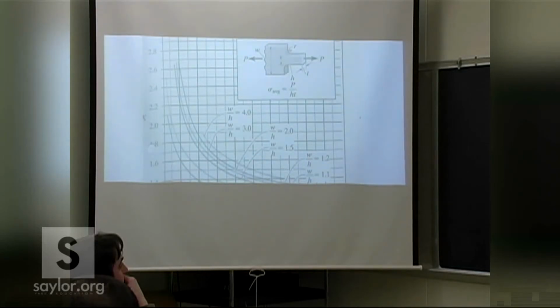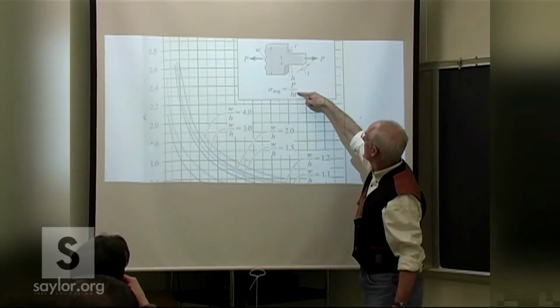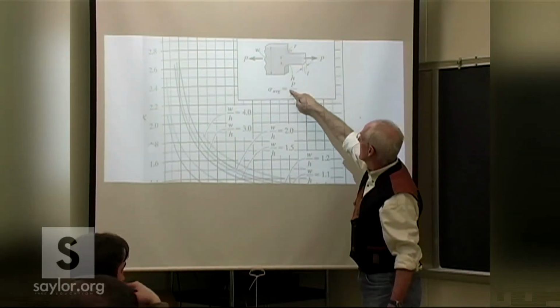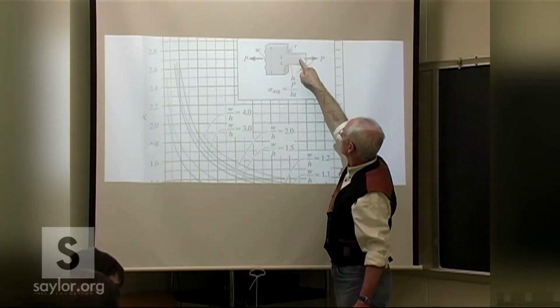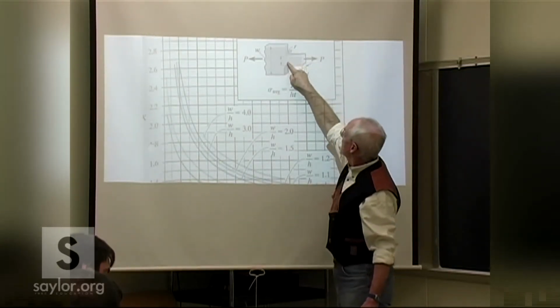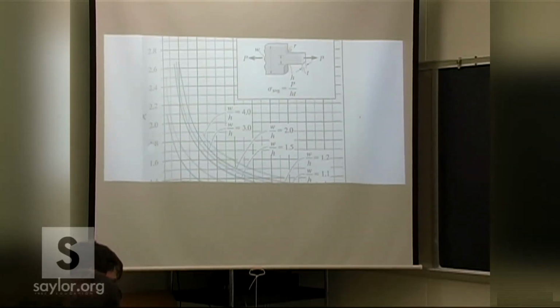Notice that our average stress is just what we would have calculated before using the minimum area, H times T, but that assumes a uniform stress distribution across the piece. We know now, close to that shoulder, that's not quite true.